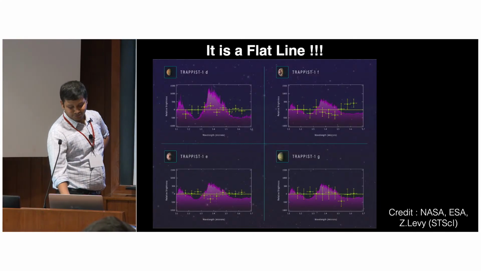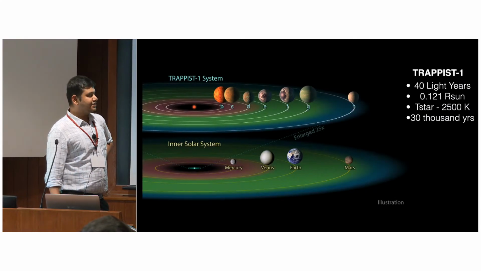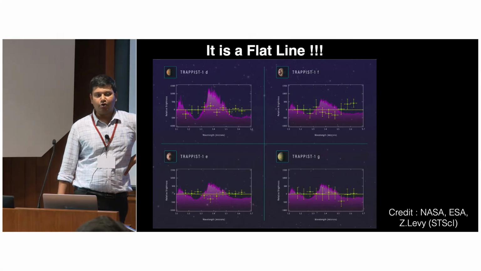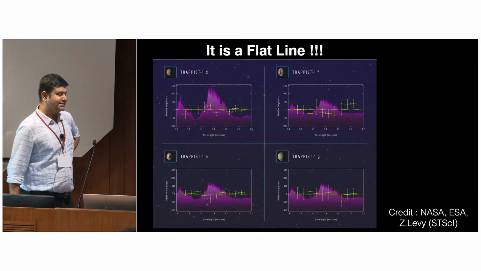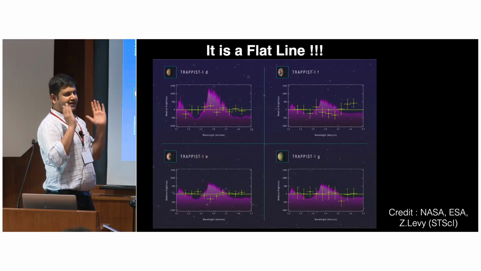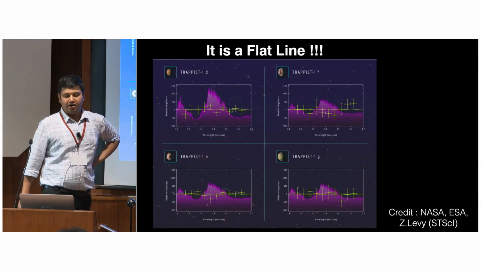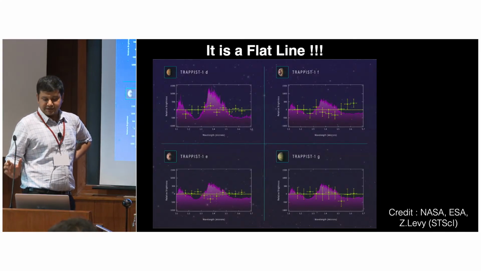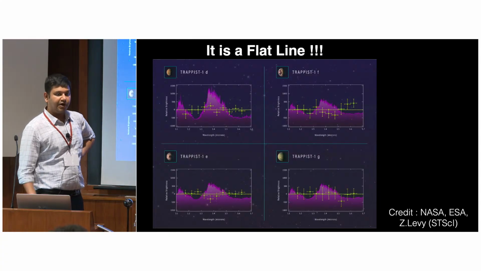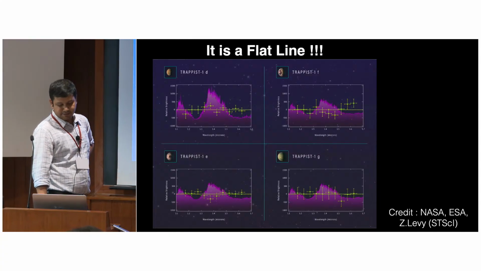I'll talk about the habitable zone concept later. It's not as simple as it seems. The habitable zone is not a fixed thing, because it ultimately depends on what your atmosphere is made up of. Your atmosphere's composition and the presence of clouds can change your habitable zone.